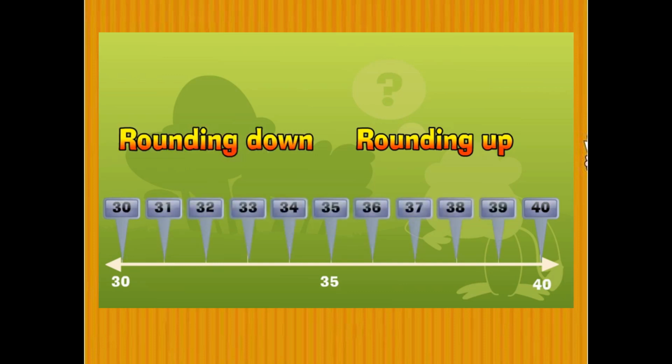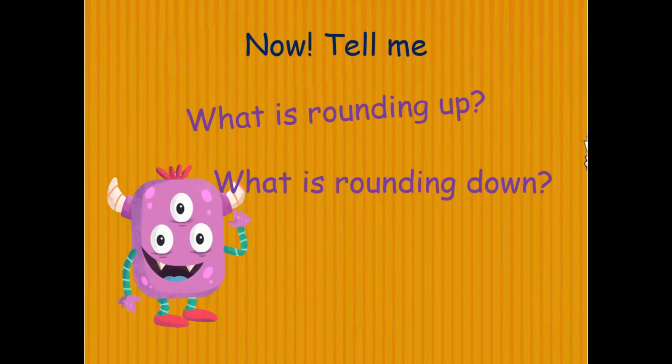Think of it as teams. There's a team up and a team down, and these are its members. Now, there are two ways of rounding numbers. Now, tell me, what is rounding up?